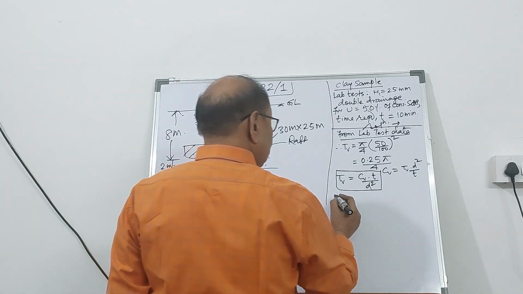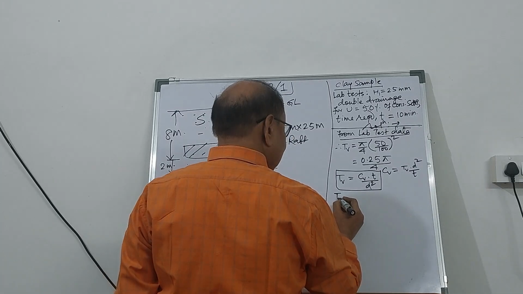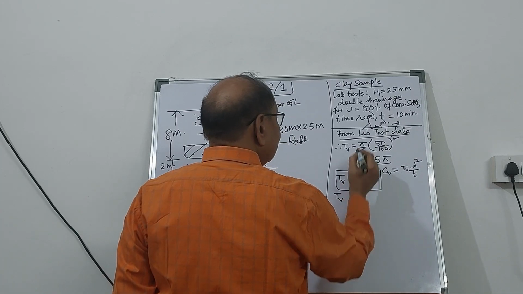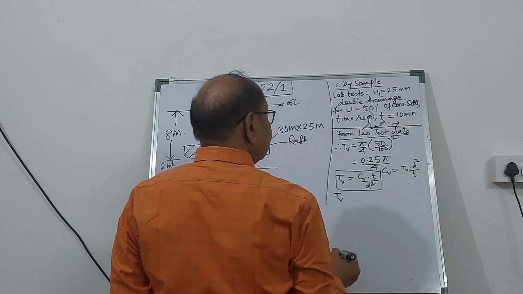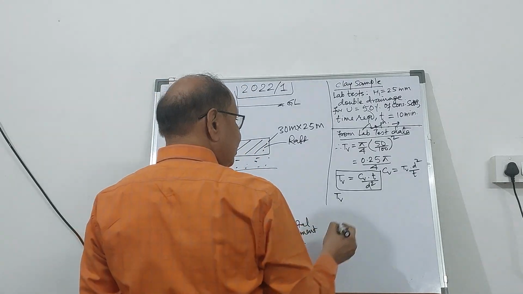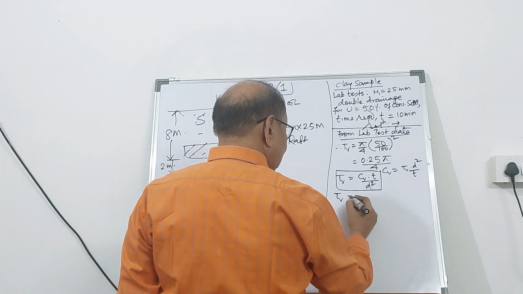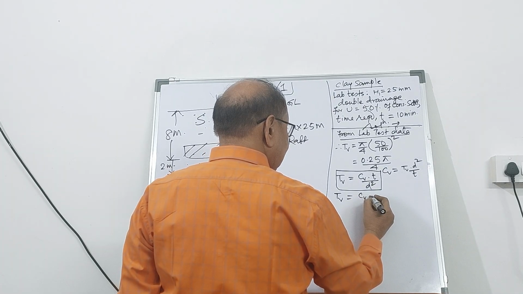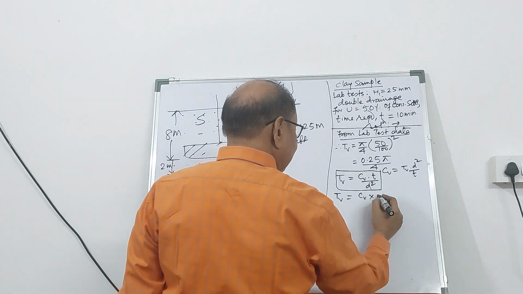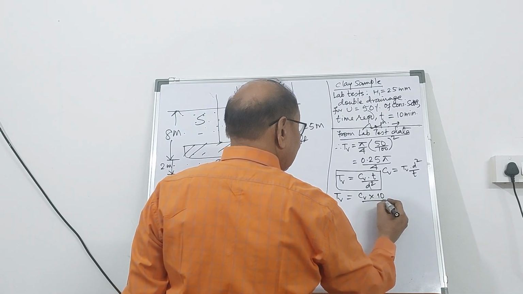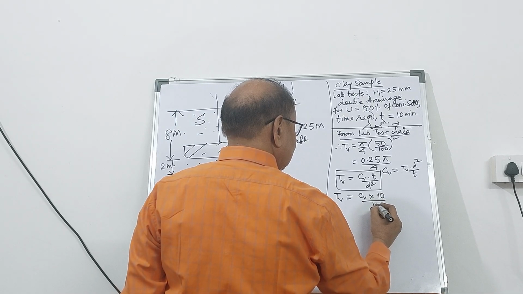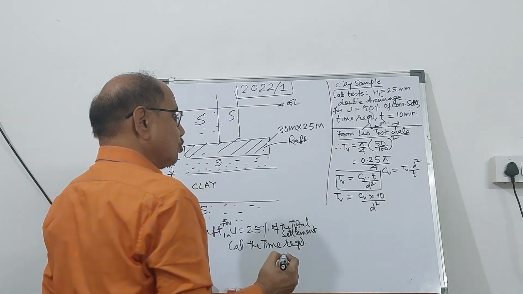So the time factor TV for 50% consolidation settlement will be equal to CV into time, which is 10 minutes, divided by d square.